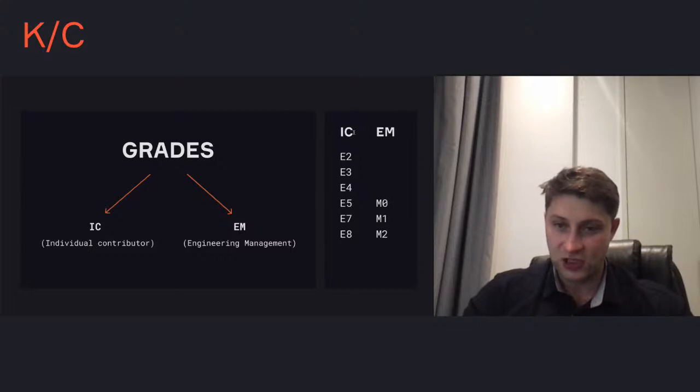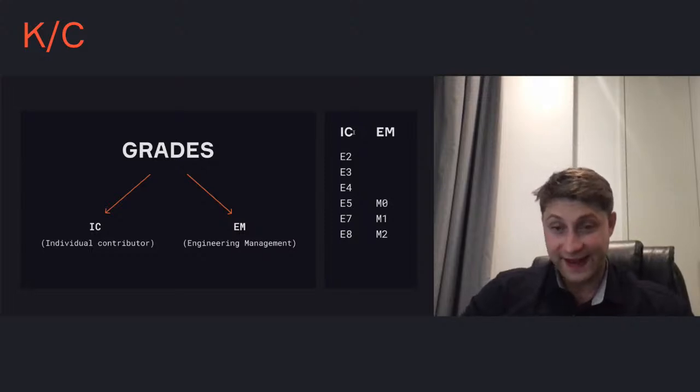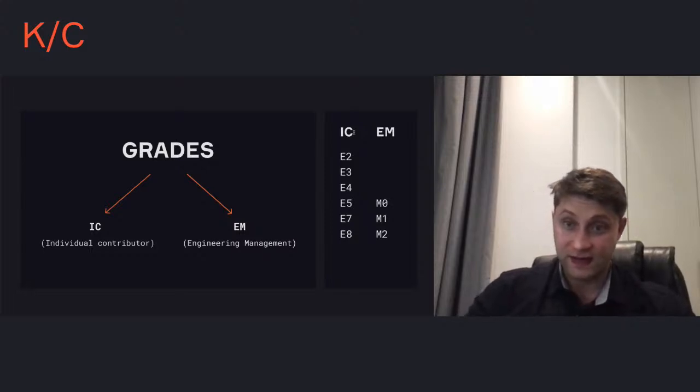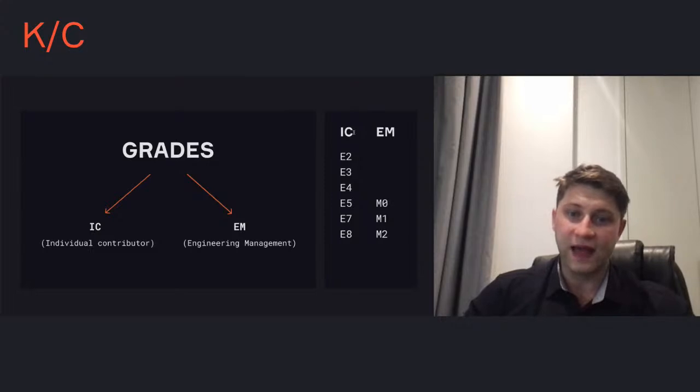M2 is a manager of managers, so basically 3 to 5 managers. And M2 is connected with E7, so obviously E6 is like M1, M2 is like E7, a senior manager, a person who manages managers, or high-leveled individual contributors.